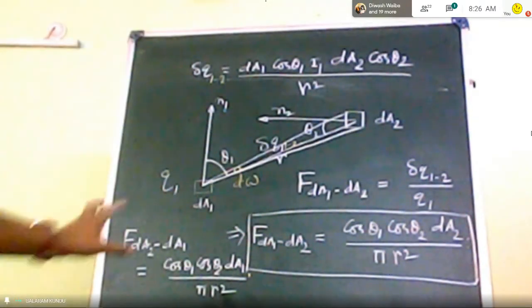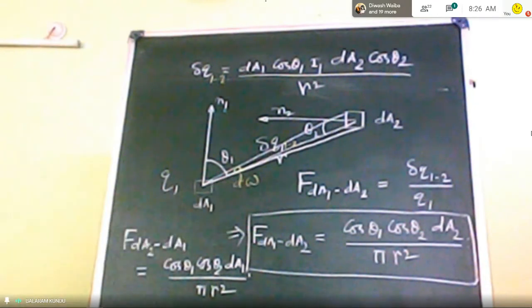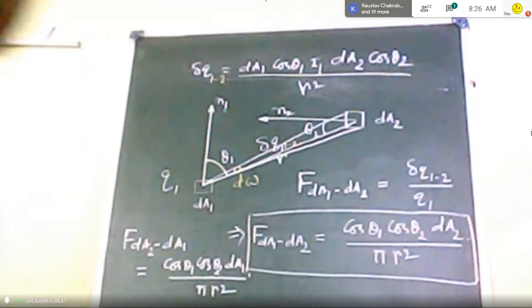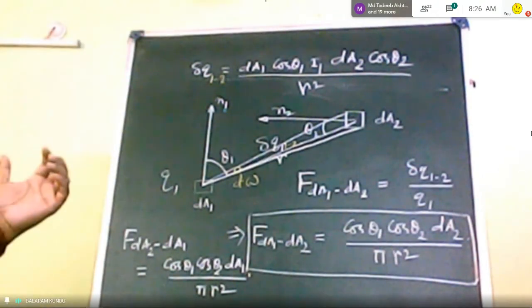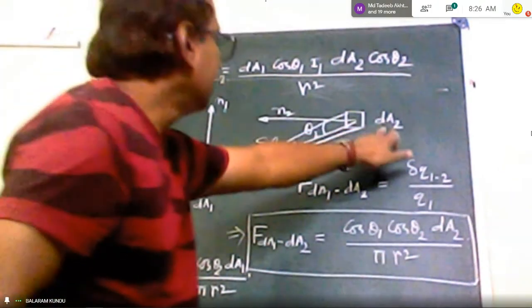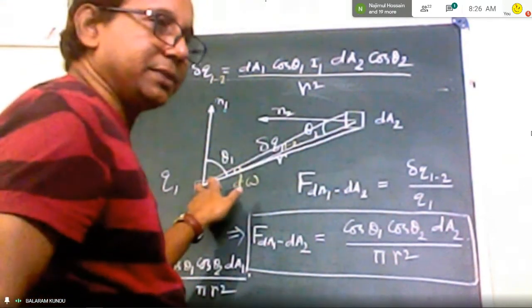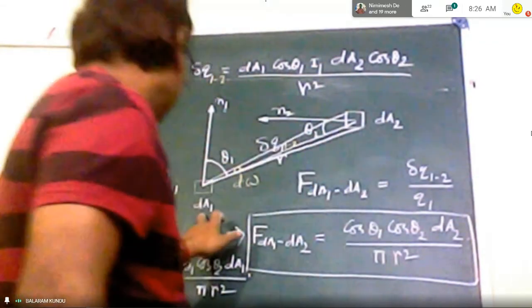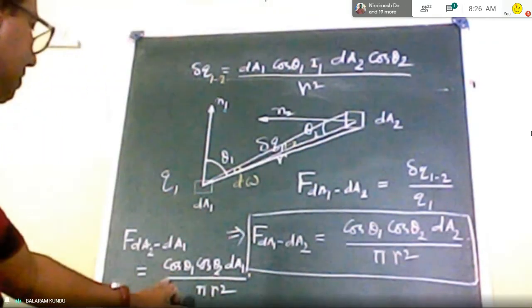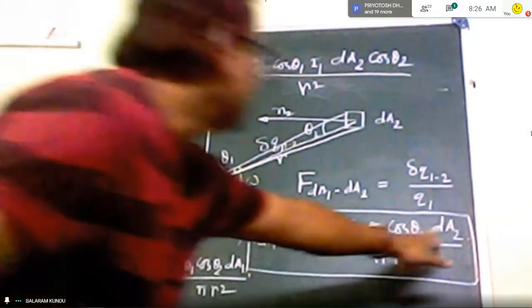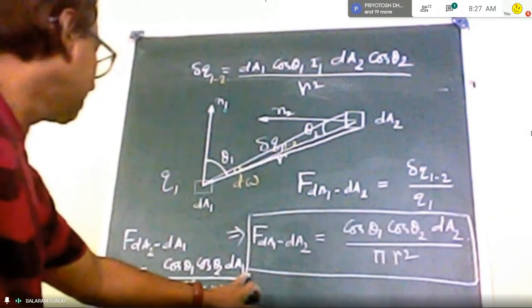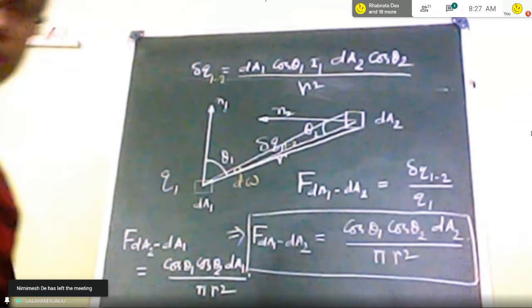So two mathematical expressions have been written here. That is the shape factor from surface dA1 to dA2. Another mathematical expression, if we consider dA2, is the shape factor from dA2 to dA1, which should be equal to cos theta 1 cos theta 2, and in a similar way dA2 should be replaced by dA1, divided by pi r square.